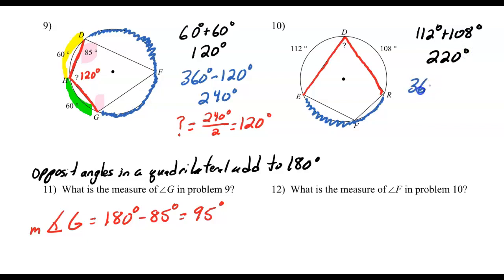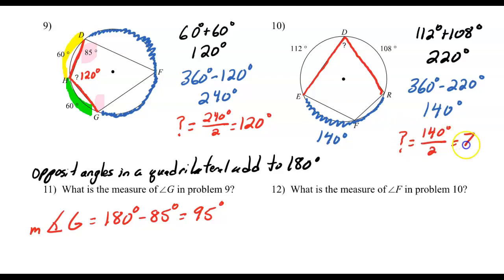So the blue arc is 360 minus 220, which is 140 degrees. So that makes the red angle half of 140, or 70 degrees.